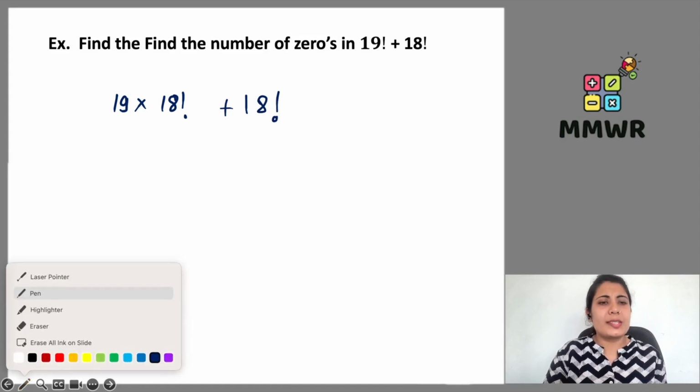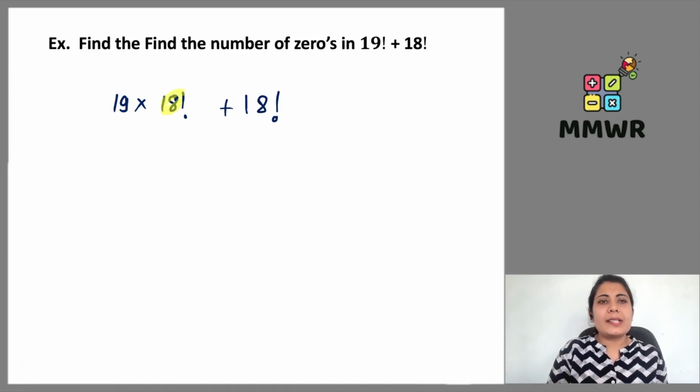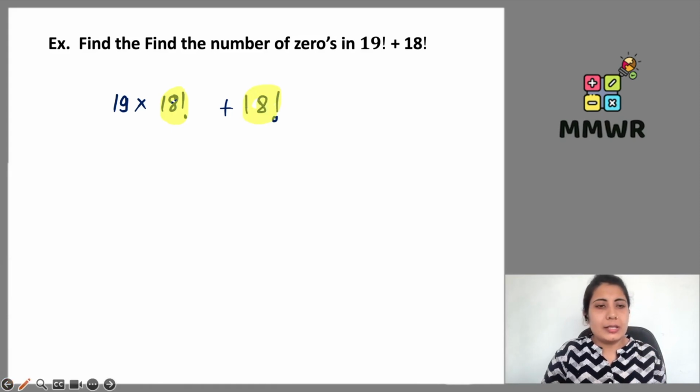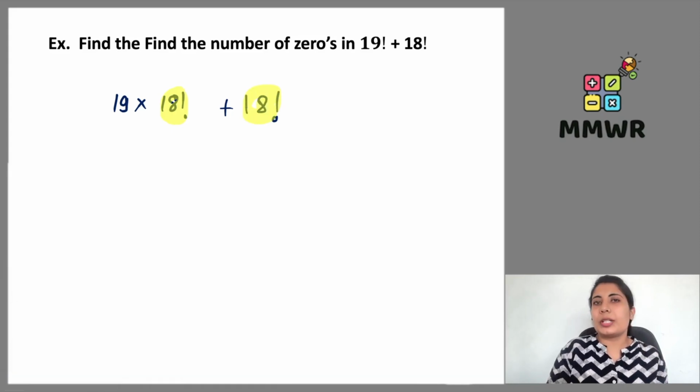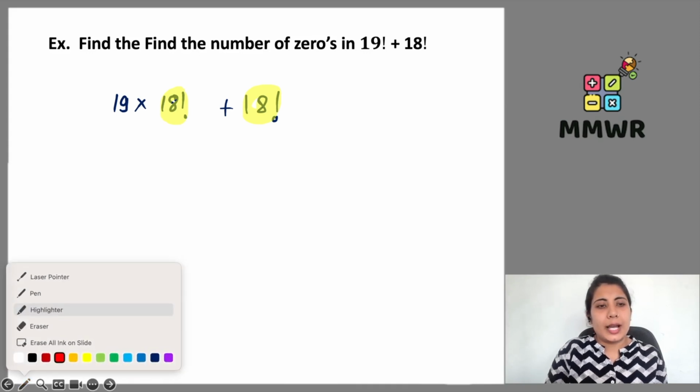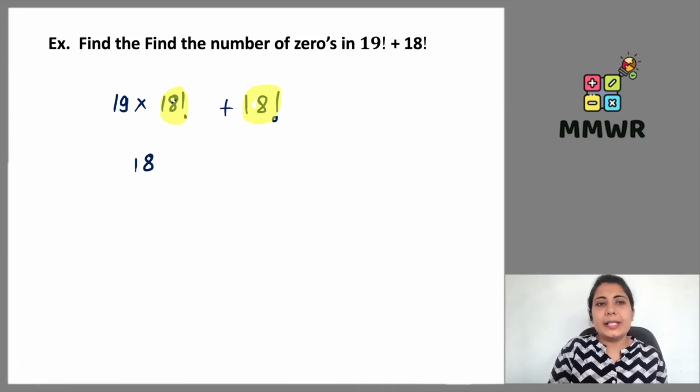Now in both the terms, you can see I have this 18 factorial, right? So if I have 18 factorial, what can I do then? I can simply write this 18 factorial outside commonly. Inside the bracket, I will have 19 plus 1.